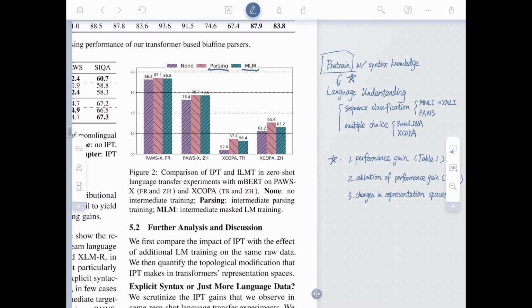The authors honestly presented this result, showing that it's very possible that a large portion of the performance gain is a result of the language model looking at additional language text.